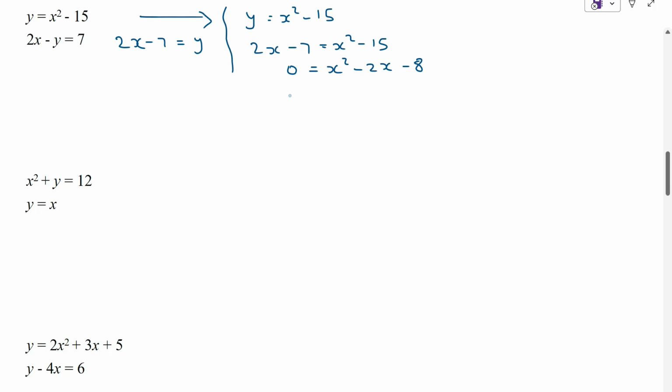Okay. So now let's try and get our two values for x. So two values that multiply to give us 8 and plus or minus to give us 2. I think it will be -4 and +2. So we now have the two values for x. So x equals 4 and x equals -2.